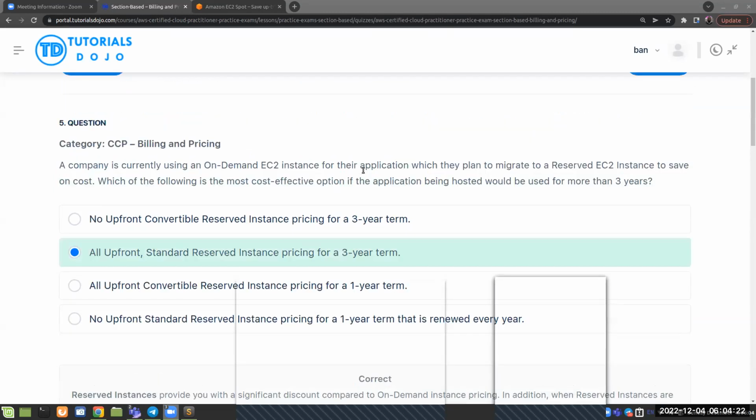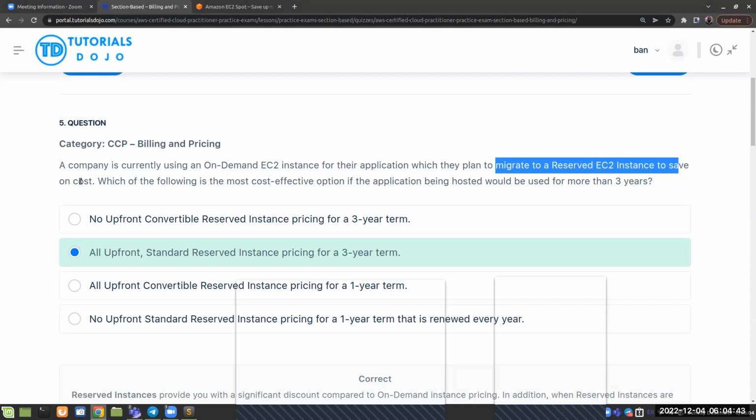So the question here is, a company is currently using an on-demand EC2 instance for their application, which they plan to migrate to a reserve EC2 instance to save on cost. Which of the following is the most cost-effective option if the application being hosted will be used for more than 3 years? You are using an on-demand instance, so you are migrating to a reserve EC2 instance, and you want to save costs.